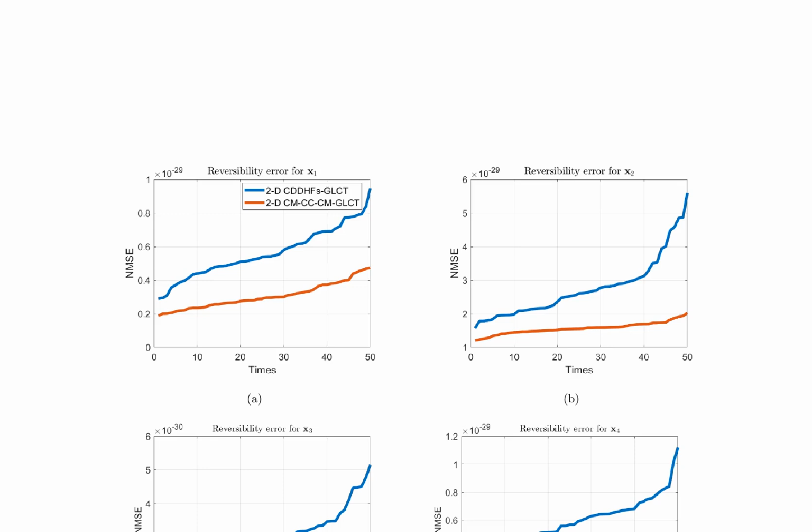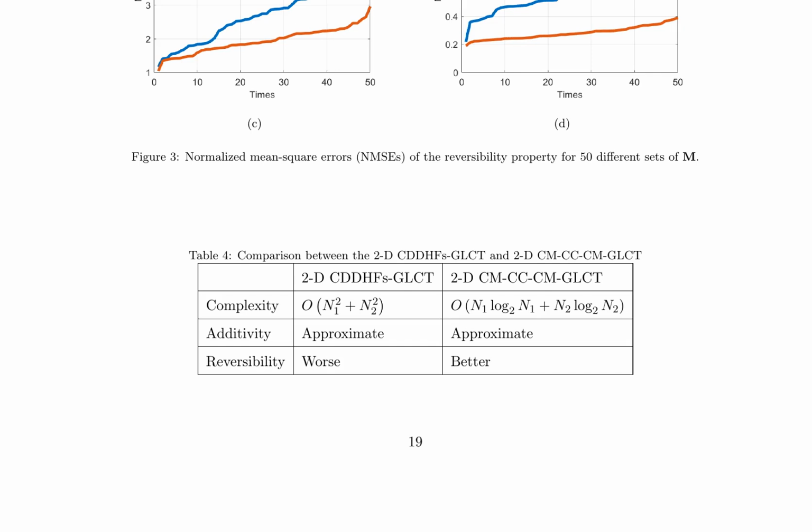These new frameworks are designed to handle signals defined on multidimensional graphs, providing an efficient way to analyze and process such signals. The authors compare the two proposed frameworks in terms of complexity, additivity, and reversibility. The results show that the 2D CM-CC-CM-GLCT has better additivity and reversibility properties compared to the 2D CDDHFs-GLCT, although it has higher computational complexity.